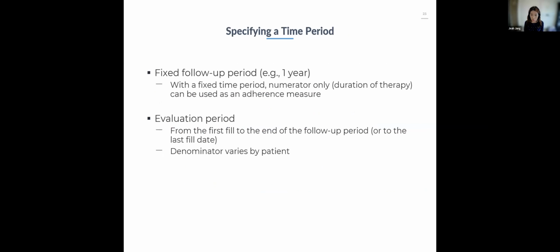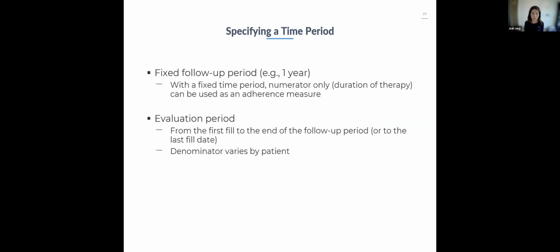Now, again, there are two ways of specifying your time period. The first one is just a fixed follow-up period. I know that I'm going to see all the patients who have diabetes on January 1st, 2020, and I'm going to follow these people up to December 31st, 2020. So my follow-up period is 1 year. That's how you could specify your time period.